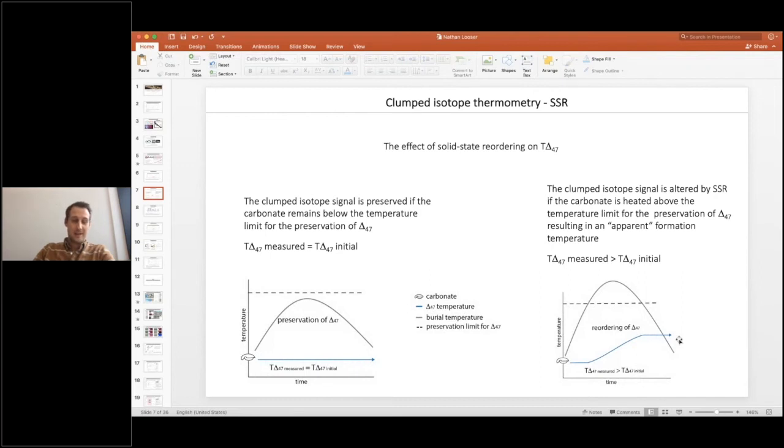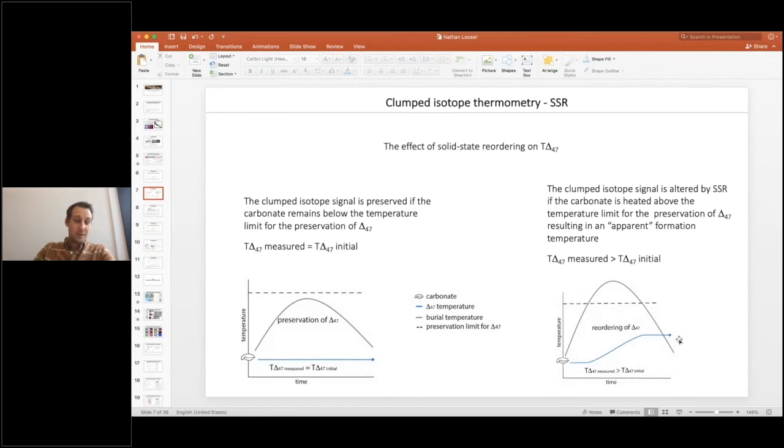The bad thing about reordering, what makes it hard to see if something is reordered or not, is that there is no structural geochemical change that would point toward that. In contrast, if you have recrystallization, you will change the structure or the crystal size of the carbonate.